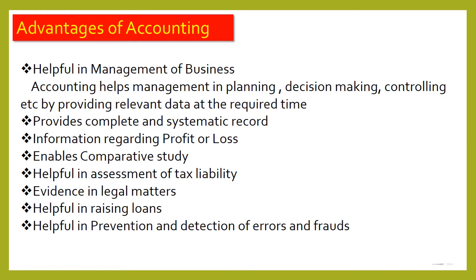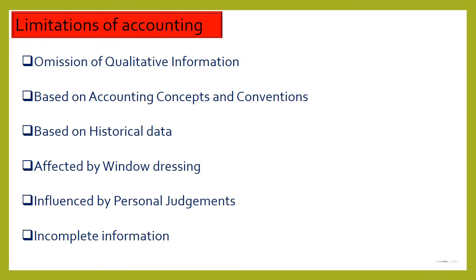Helpful in prevention and detection of errors and frauds. If the transactions are recorded properly using the principles and techniques specified with a supporting document, it will prevent the errors and frauds. We have discussed the advantages of accounting, but there are some limitations for this also.